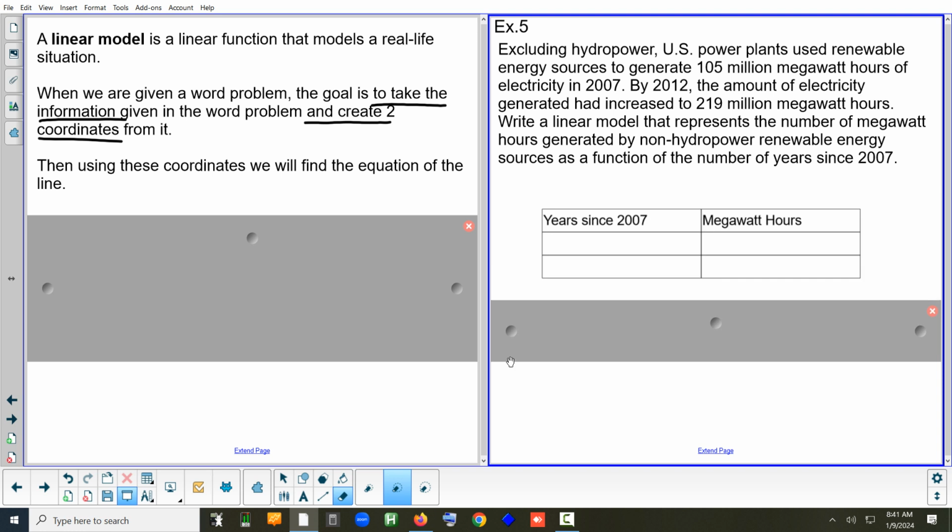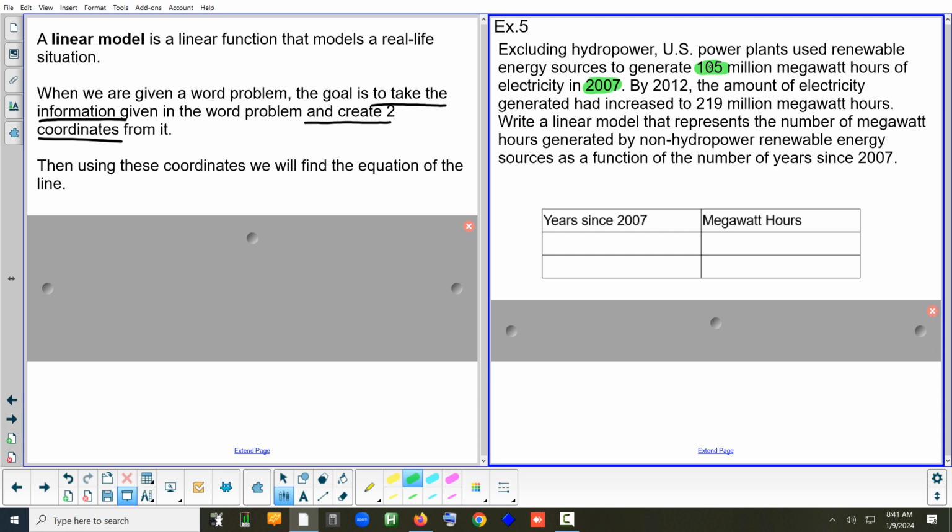All right, so it says, excluding hydropower, U.S. power plants use renewable energy to create 105 million megawatt hours of electricity in 2007. Basically, what's going to be important here are the numbers. So I'm just going to highlight what's important. One thing that's important is in 2007, we created that much electricity.